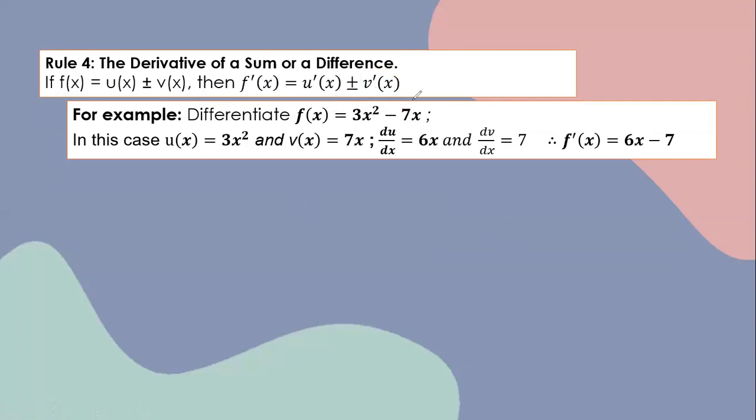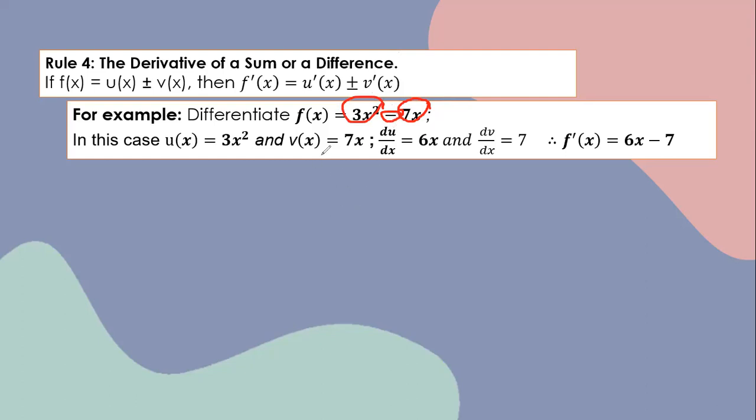So ano ibig sabihin nun? For example, we have differentiate f of x is equal to 3x squared minus 7x. Kung mapapansin natin dito, meron tayong dalawang term, pinaghiwalay siya ng subtraction sign. So, isa-isa yan, if hahanapin natin yung derivative and then, tsaka natin ipagmaminus din.